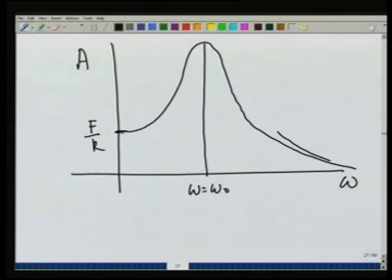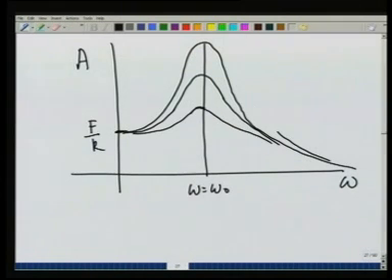If I increase gamma, it will be something like this. If I increase gamma further, it will be something like this. If you increase gamma, the maximum shifts slightly to the left, to a value lower than omega 0, but for all practical purposes you can say that it is peaking at omega 0, and then far away it decays like this.